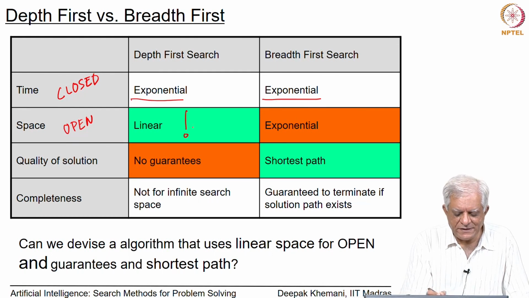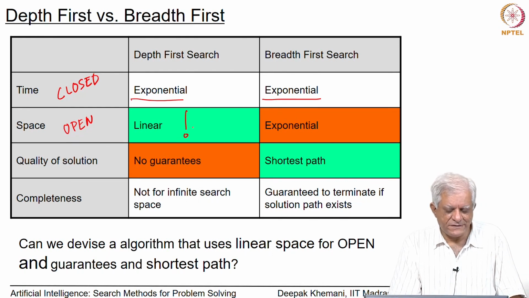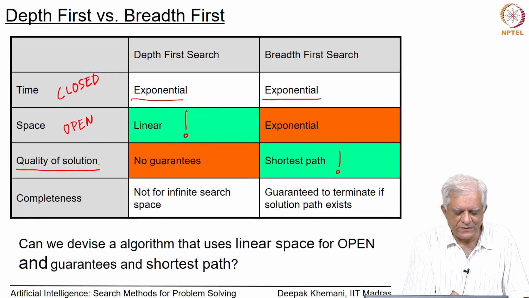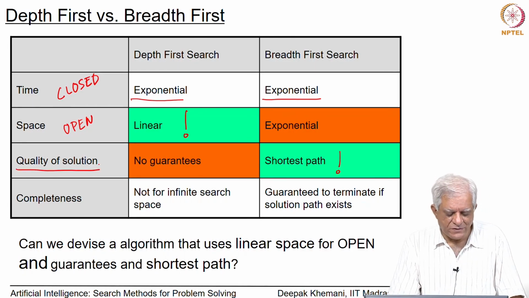And you can see here that depth first search wins on space complexity, but breadth first search wins on the quality of the solution, because we have already observed that it will give you the shortest path.